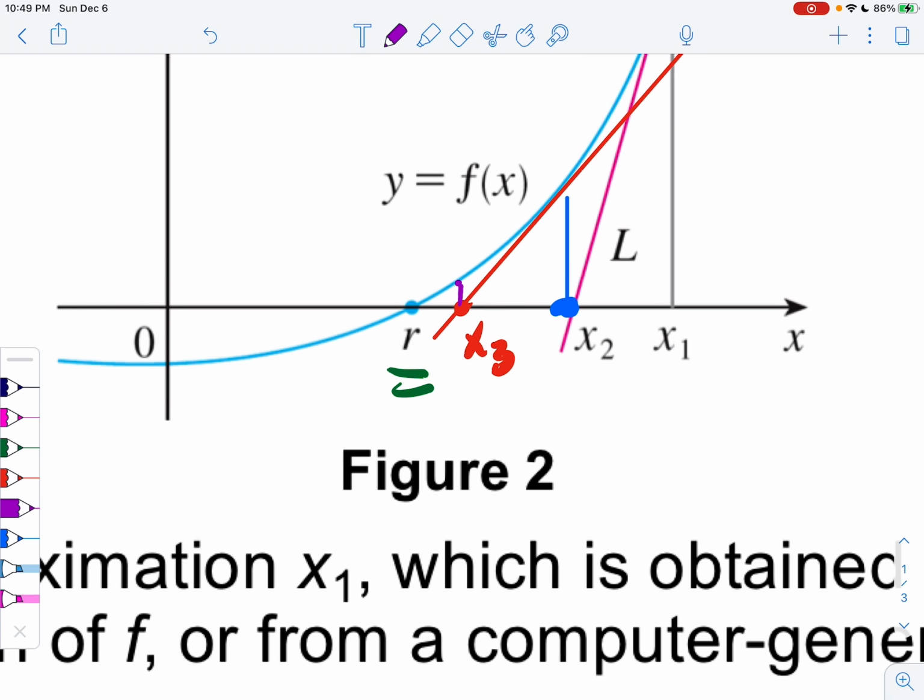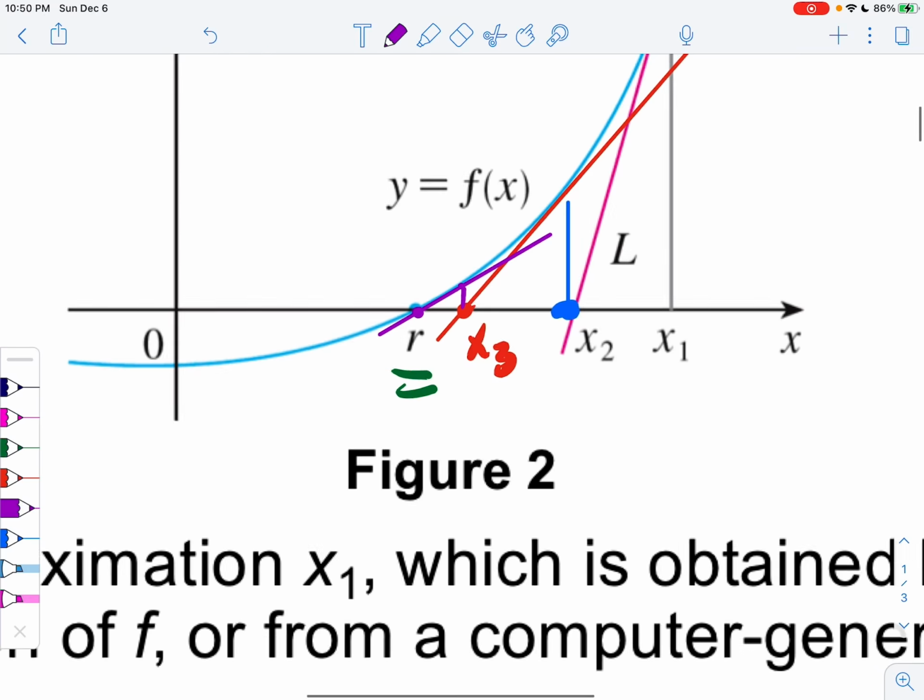I would be going up to the curve, finding the equation of the tangent line, right? And you can see where maybe it might take 10 steps, it might take 3 steps, it might take 2 steps, but the more iterations you make, the closer and closer you should get to your root.